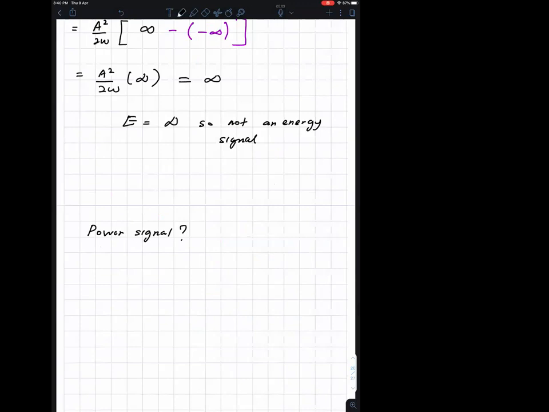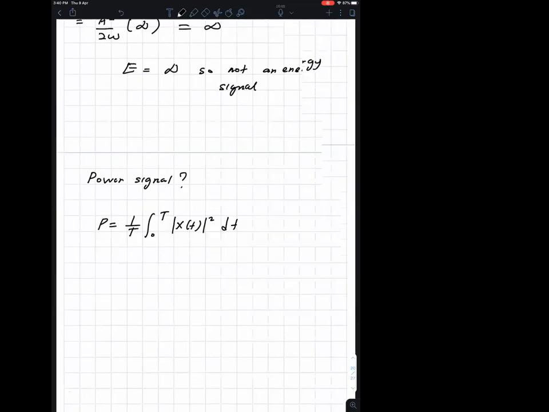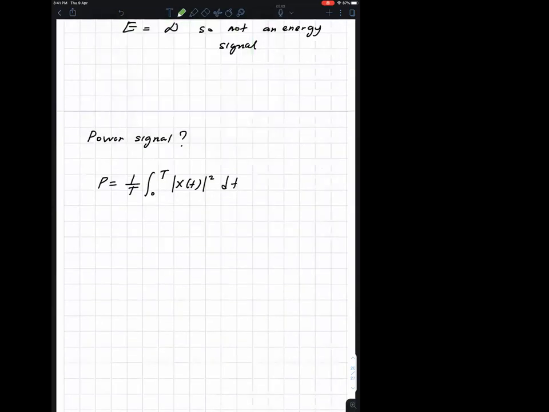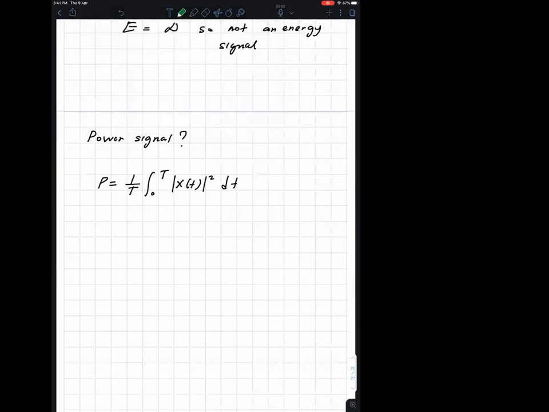Let's find out, using that formula 1 over T, 0 to T. If you look at this part of the integral, it is the same as before, isn't it?